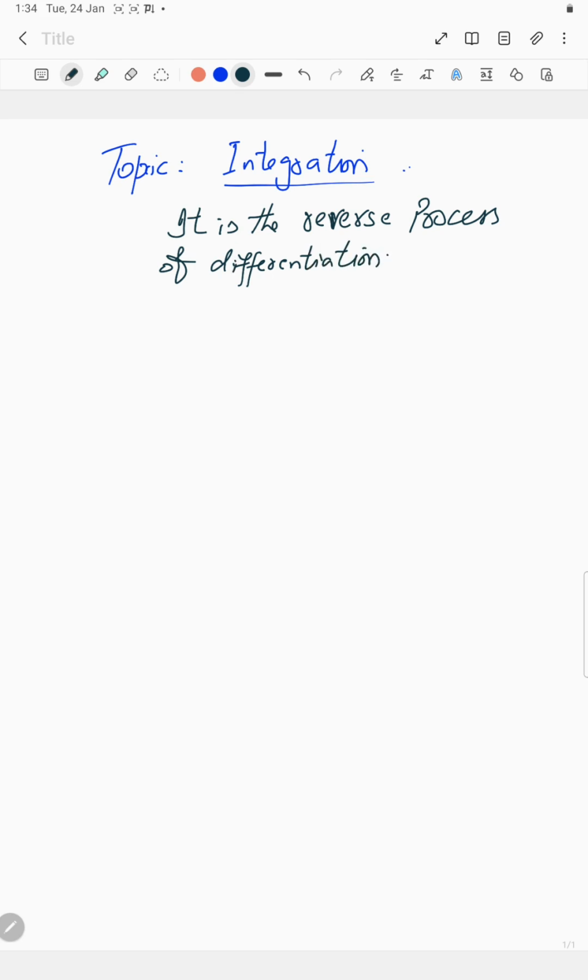In simple definition of integration, we can say it is the reverse process of differentiation. This is by definition.